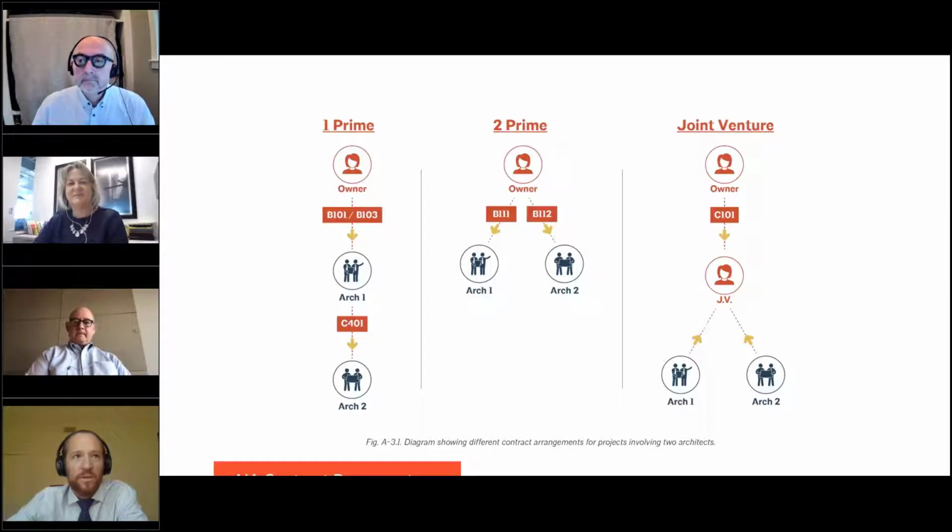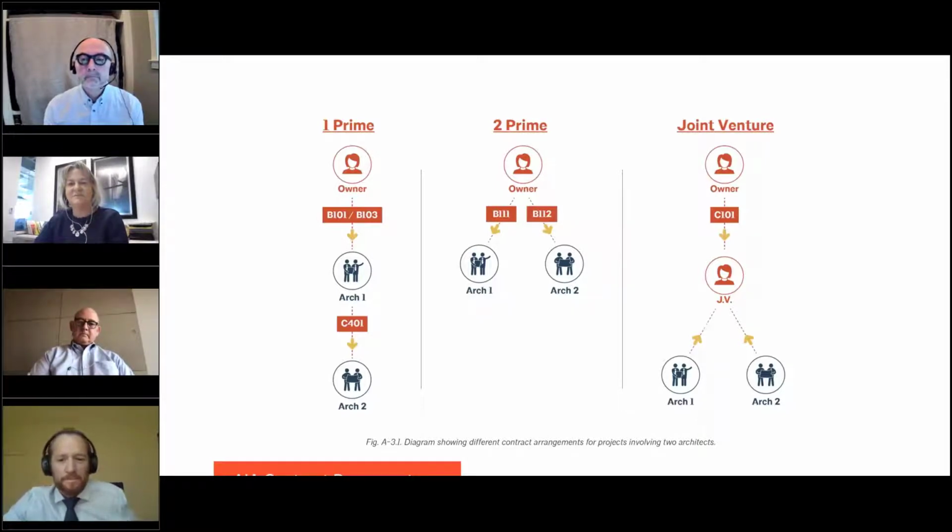I'm looking at that diagram on the left of the screen, this prime scenario, and I can imagine that would either cause some conflicts with two architects, one having to work as a consultant, or maybe it would be better to cut the owner somewhat out of the minutia of coordinating things. Do you have a preference, or have you noticed either one of those is easier?